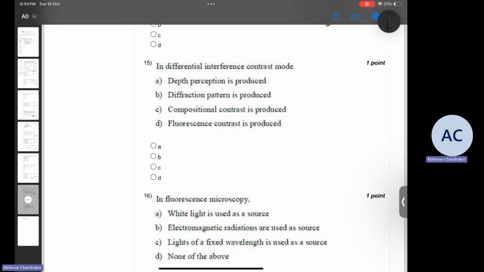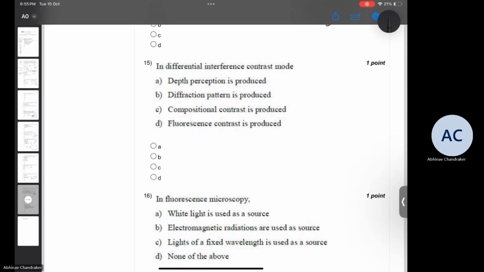As a result, these are then converted in some way to changes in colors which we see in the image. So the correct answer should be that we observe the change in refractive index or thickness in the specimen.